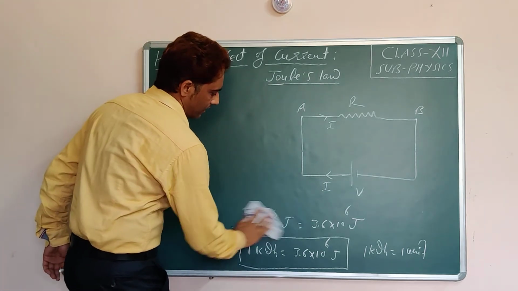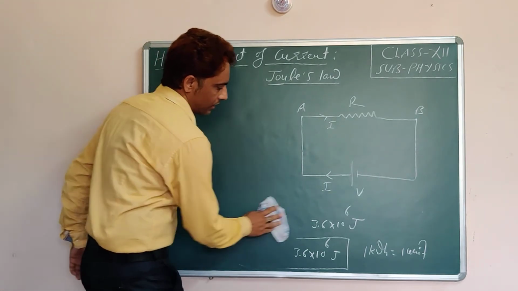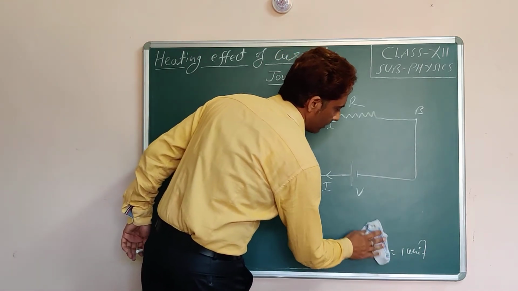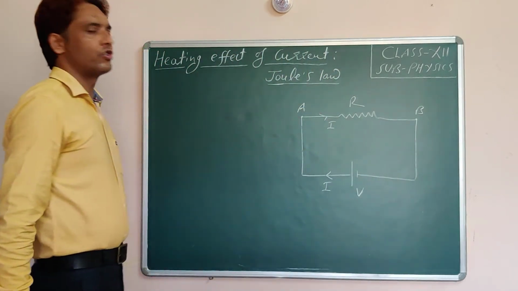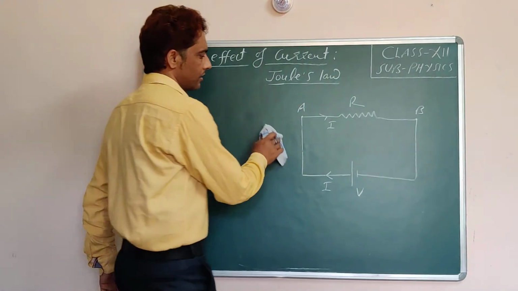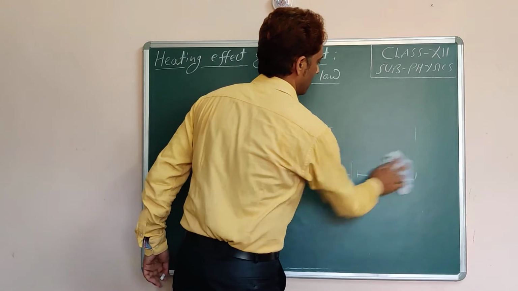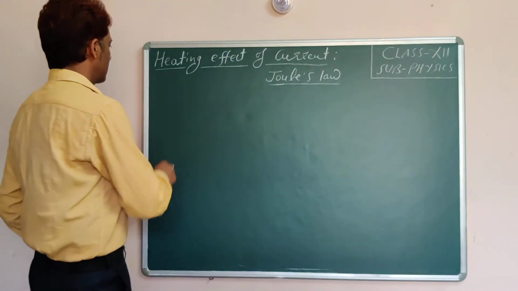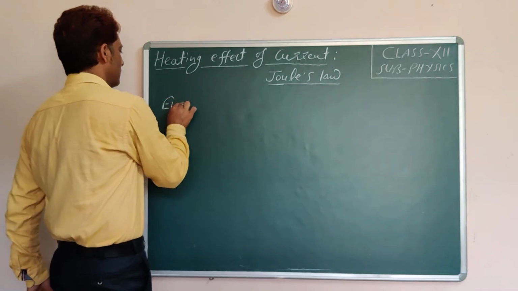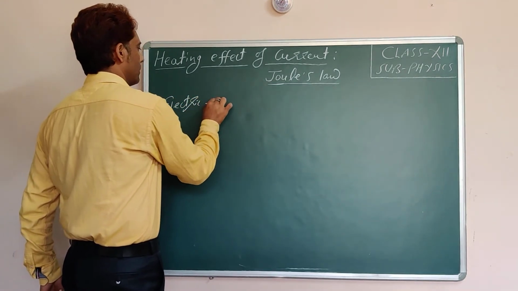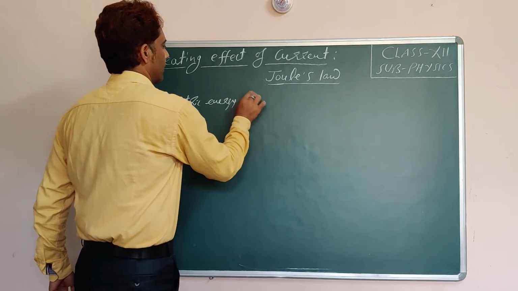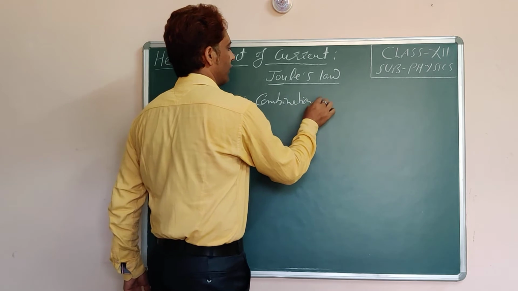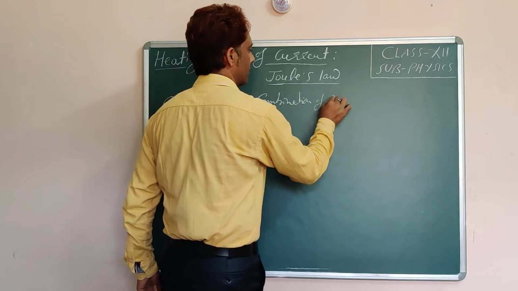Now we will see the electric energy or electric power in case of a combination of resistors or combination of electric appliances. Electric energy in a combination of resistors.